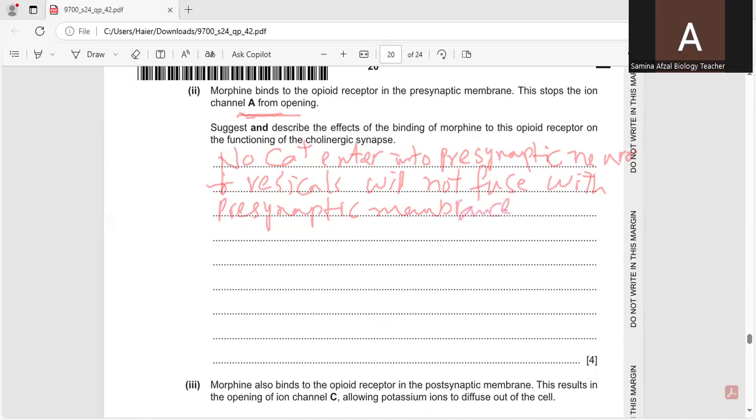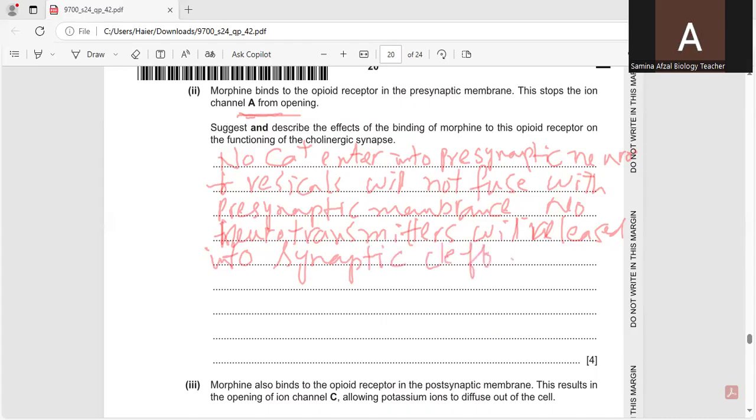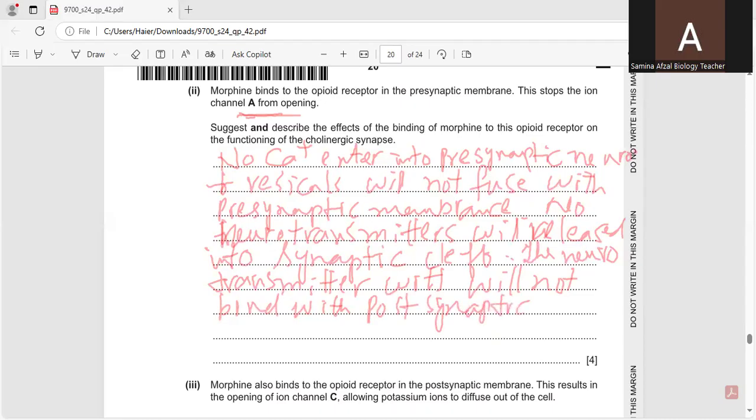and when they will not fuse with the presynaptic membrane, no neurotransmitters will be released into the synaptic cleft. And the neurotransmitter will not bind with the postsynaptic membrane.